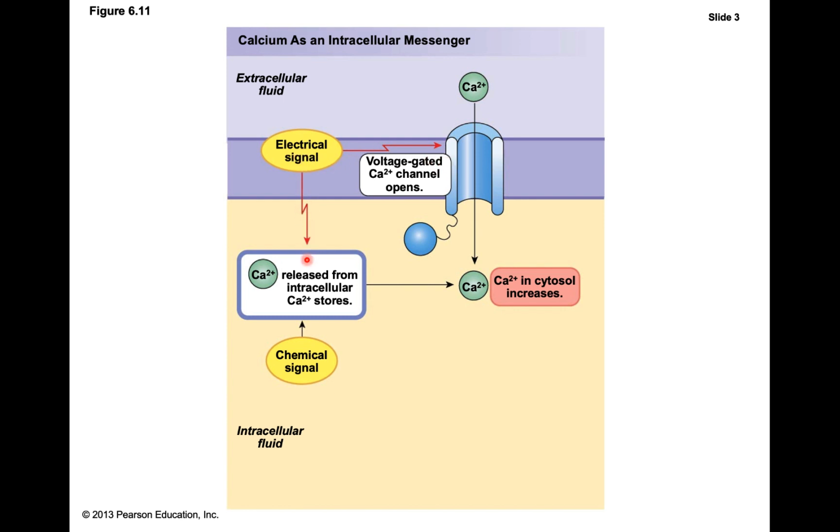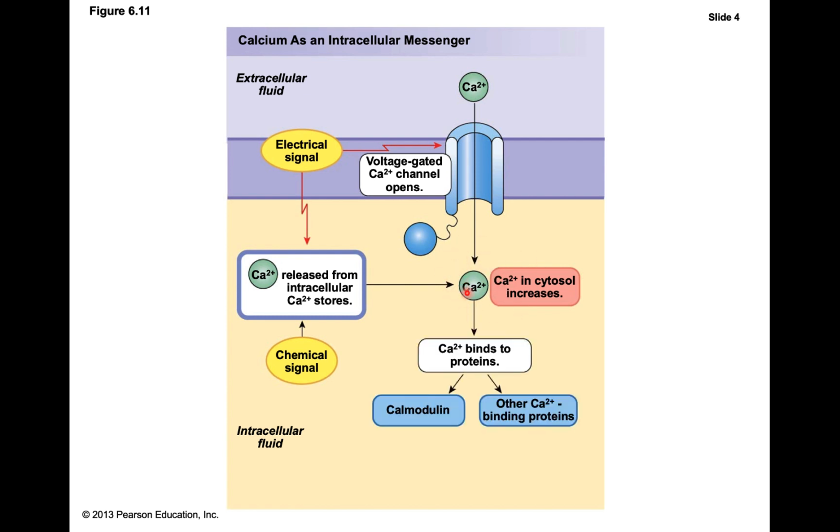The voltage hits the ER, it opens up voltage-gated calcium channels in the ER, and that causes release of calcium from ER out into the cytoplasm. Overall, what you're doing is you're increasing the amount of calcium in the cell, which causes an intracellular signal. This calcium has the ability to bind directly to proteins, and it can cause changes in the protein activity. It can cause a cell to want to do exocytosis, or it can cause a cell to move like it does in muscle cells.